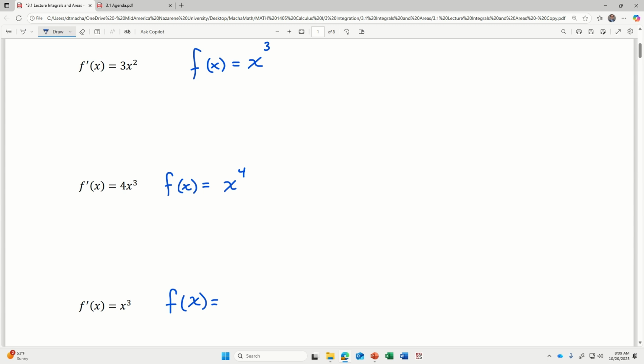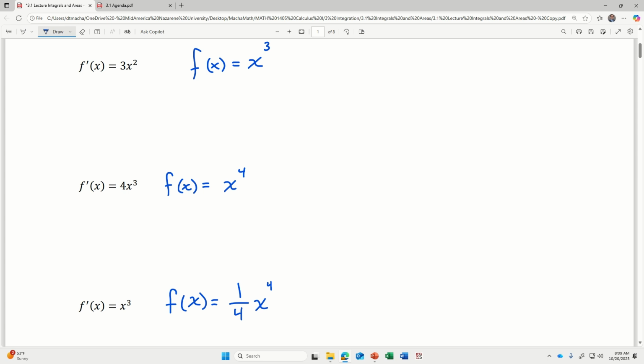Would it be 1/4 times x to the fourth? There you go. Yep. And so anytime you do this, you can always double check your answer, right?